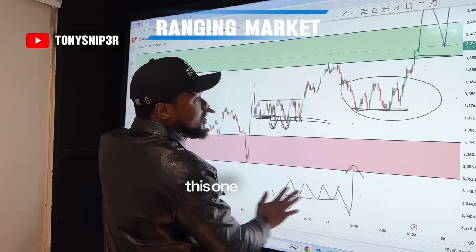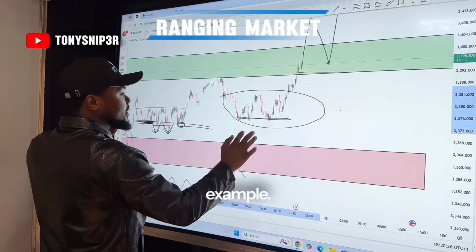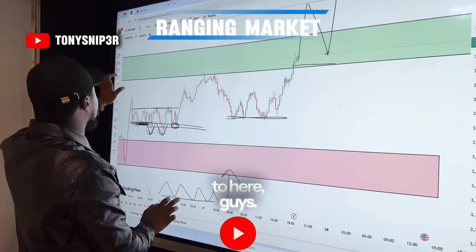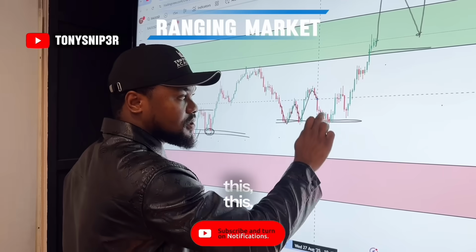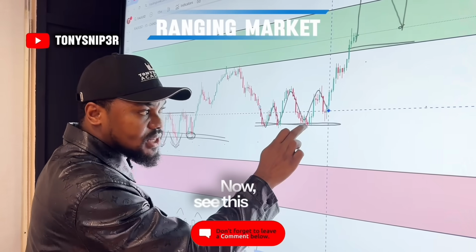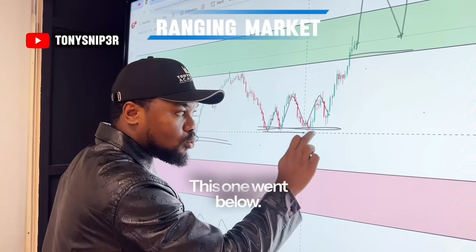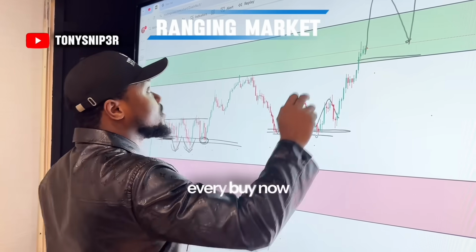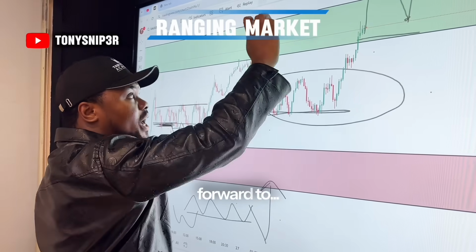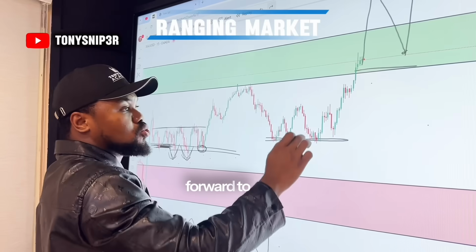Now, let's move to this one and use here also as an example. Now, pay attention to here, guys. See what happened here. The market created this, right? Now, see this line. This one went below. Do you understand? Meaning every buy now that you're looking forward to would be what?